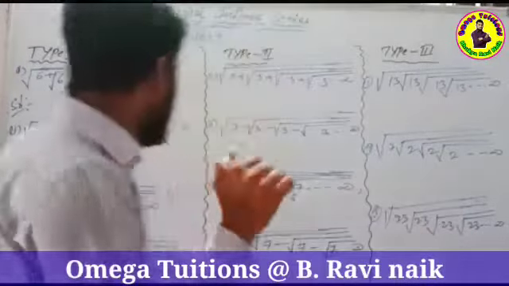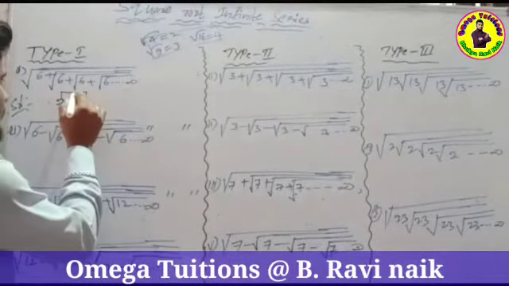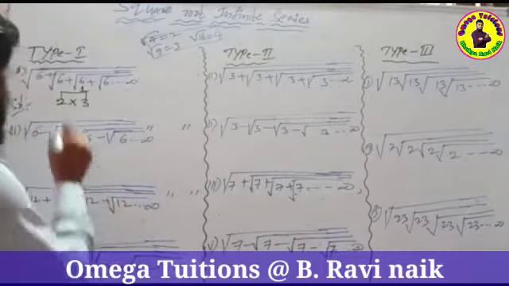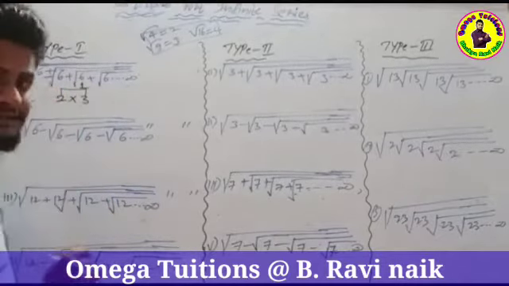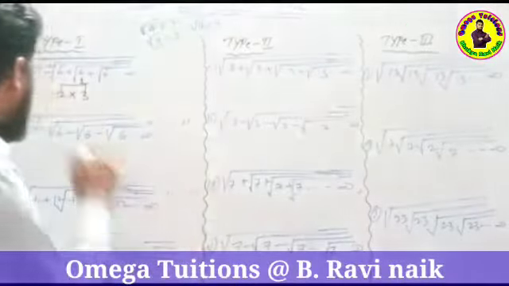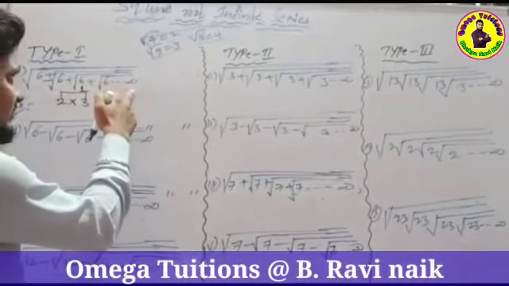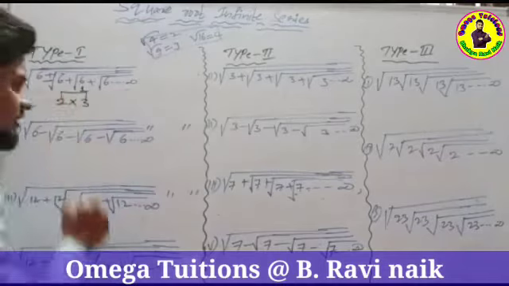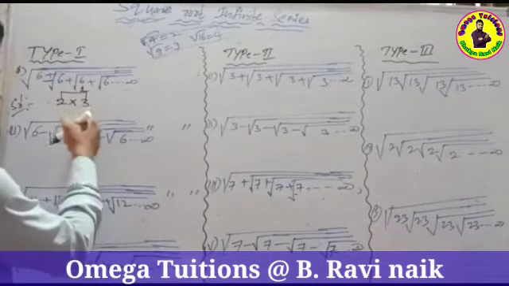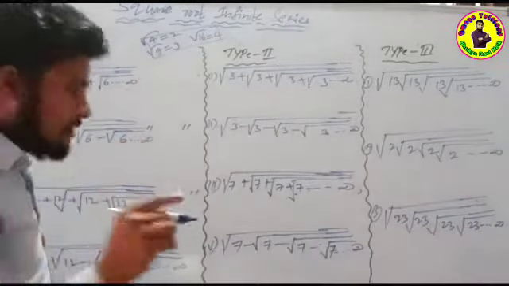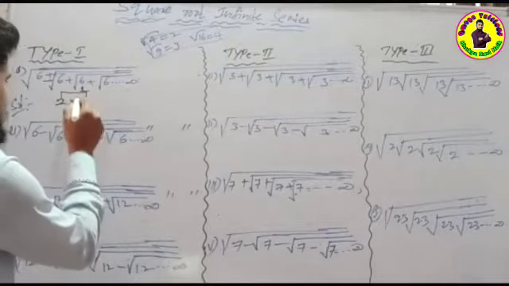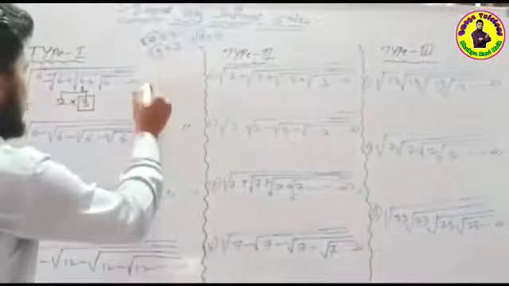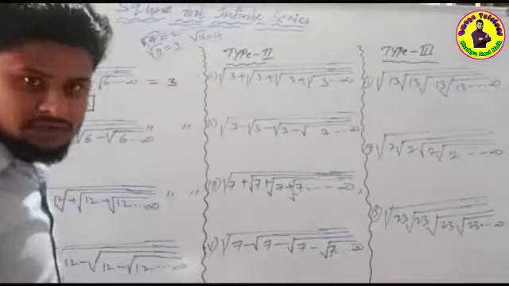Here the difference between 2 and 3 is 1, and the symbol here is plus. Whenever a series of square roots up to infinity is given with positive sign, the difference is 100% 1. Then the highest number here is 3. So the answer is 3.